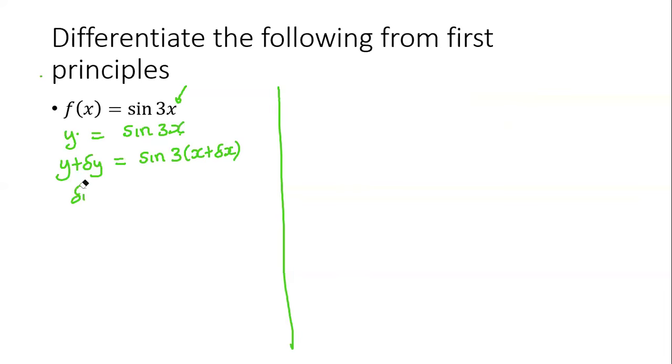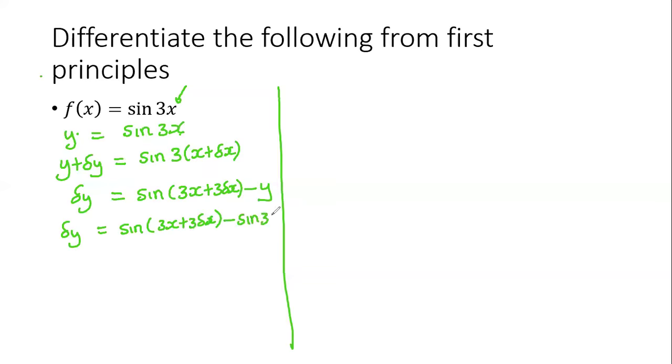So change in y is equal to sine of 3 times x plus delta x, then minus y. Then change in y will equal sine of 3x plus 3 delta x minus our y, which is sine of 3x.